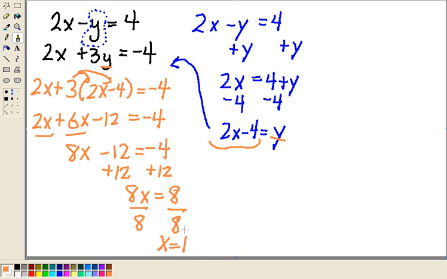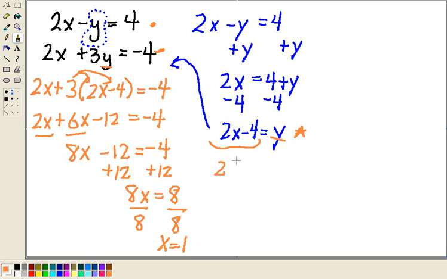Now, I'm not done with this problem because I still don't know what y is. I can take this x value and plug it in here and solve for y. I could plug it in here and solve for y. But the easiest thing to do when we're doing the substitution method is to go here where I've already isolated y and simply plug in the x value.